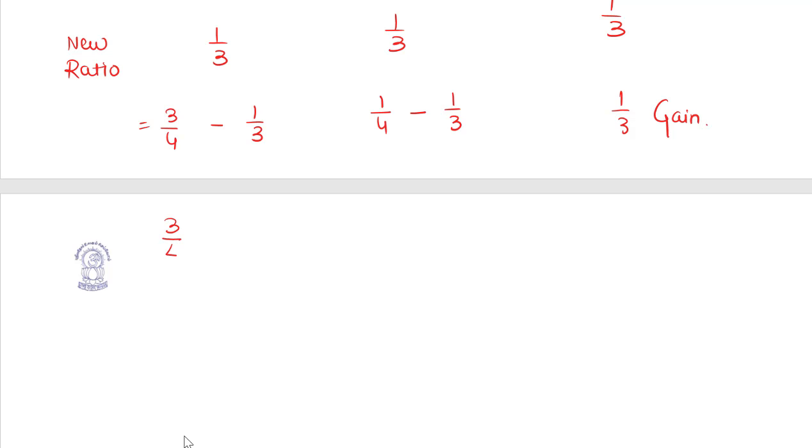In case of A, it is 3 by 4 multiplied by 3 by 3 minus 1 by 3 multiplied by 4 by 4. So it is 9 by 12 minus 4 by 12 equals 5 by 12.